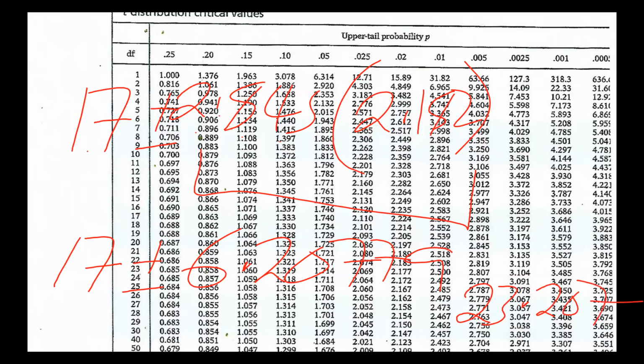Then what's the lower limit? 17 minus the same number. That should be 10.79221, or 10.79921.